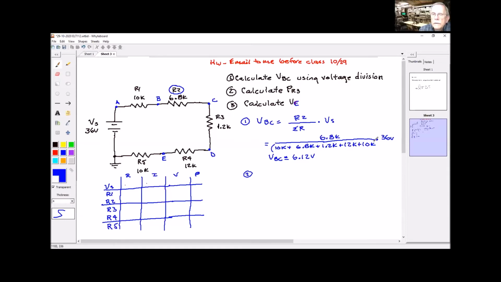All right. What you're going to do on the calculator, remember, is if you do everything in K, since every single resistance is in Ks, the Ks on the top and the Ks on the bottom cancel each other out. So you could just put this in as 6.8 divided by left paren 10 plus 6.8 plus 1.2 plus 12 plus 10 right paren times 36.